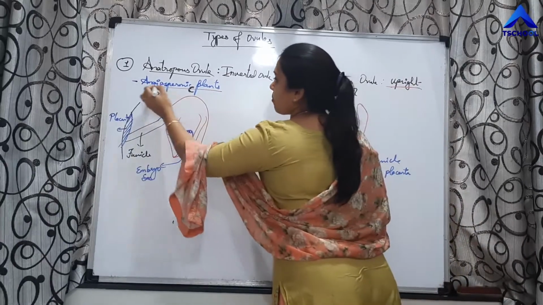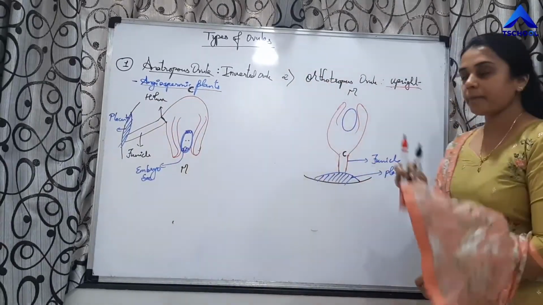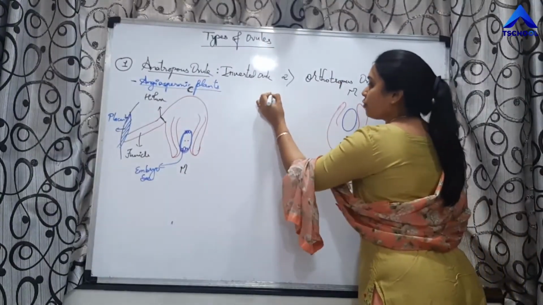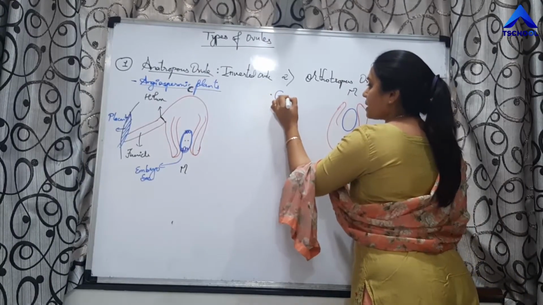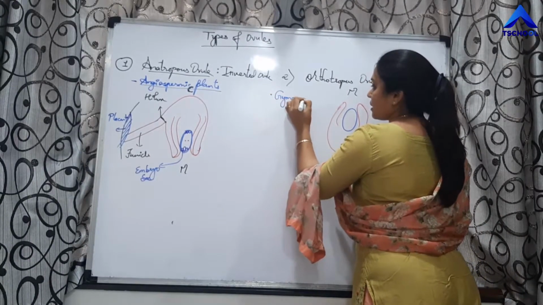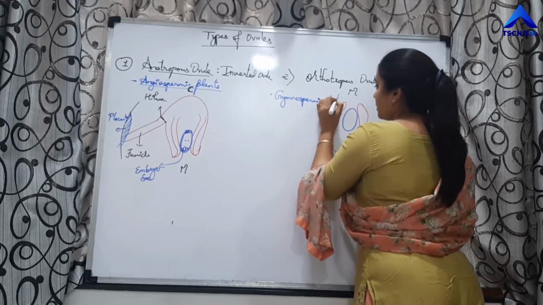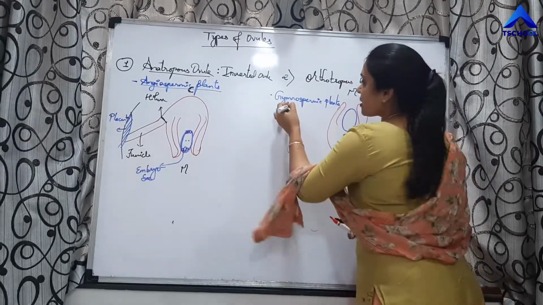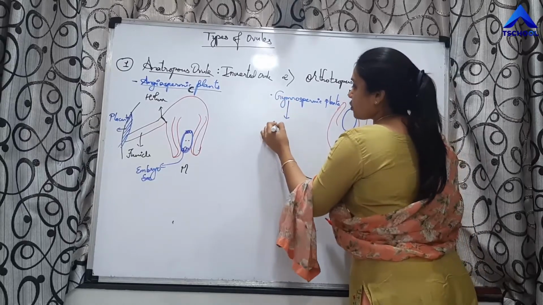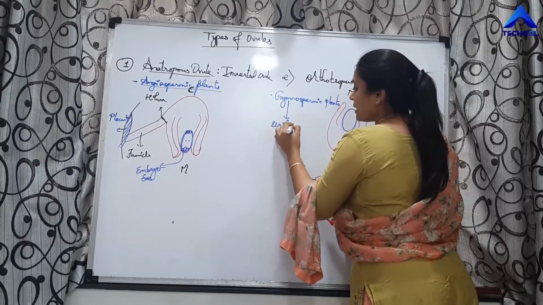Anatropous ovule is commonly seen in angiospermic plants. Orthotropous ovule is commonly seen in gymnospermic plants, and gymnospermic plants are usually unitegmic.